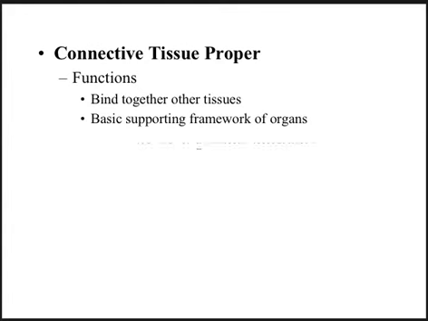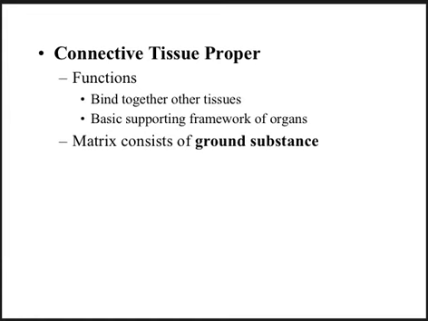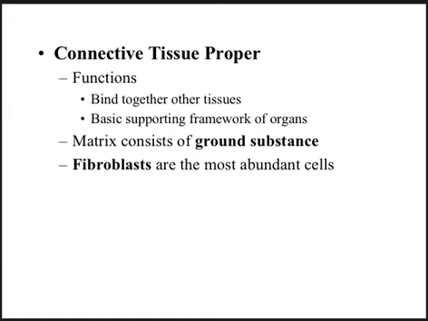It's a basic supporting framework for organs, and the matrix consists of what we call ground substance, which is primarily composed of water and special molecules that are called proteoglycans. They're basically combinations of protein and sugar that are very good at holding water, and this provides a lot of the strength of the connective tissue and a lot of the adhesive properties as well.